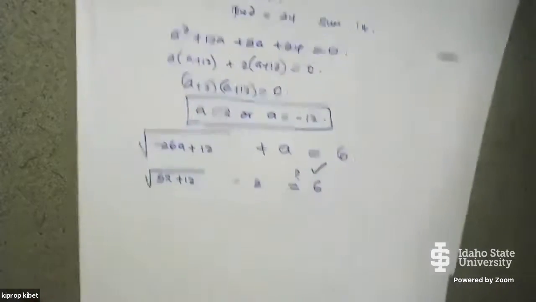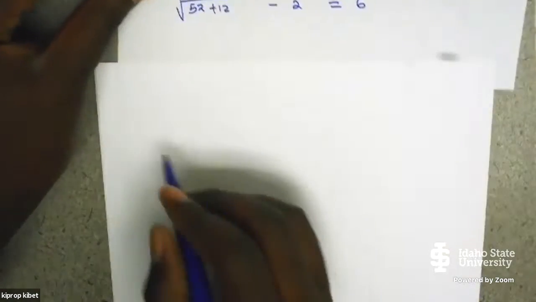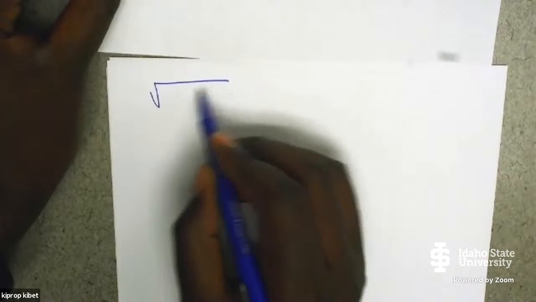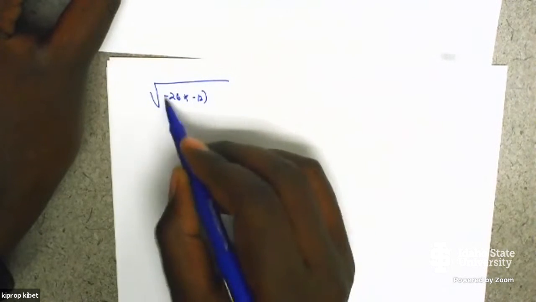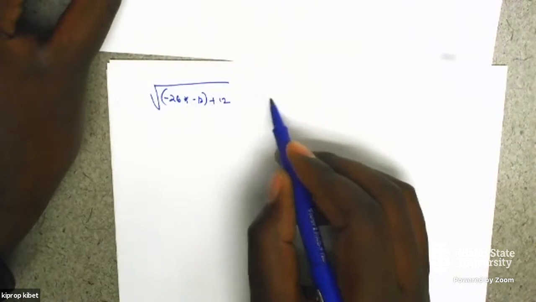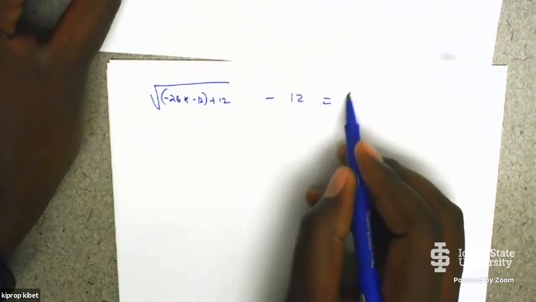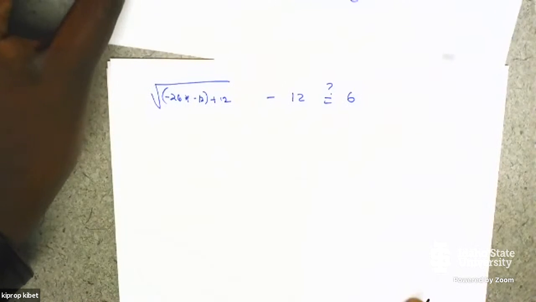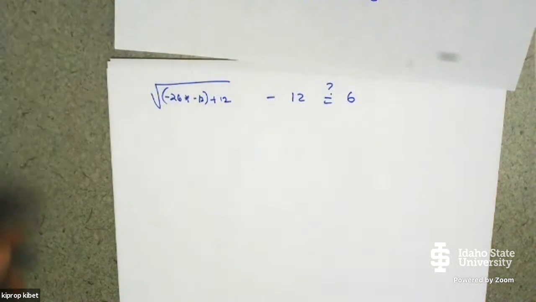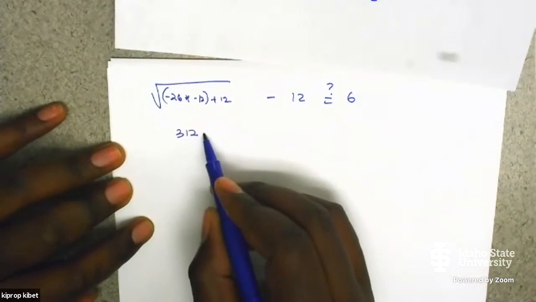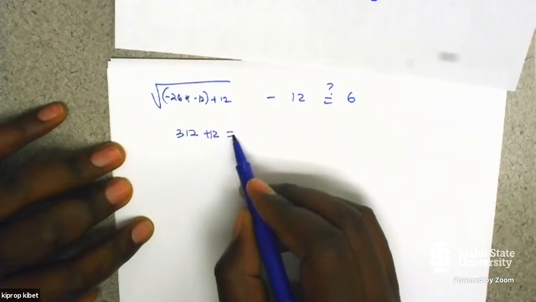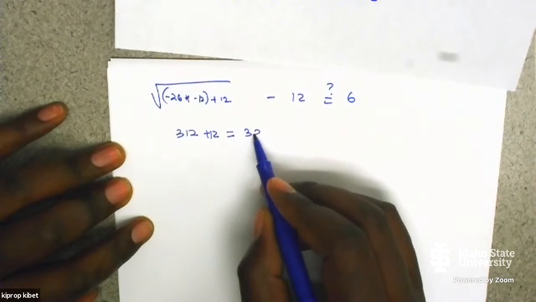What about minus 12? So if we put the minus 12, minus 26 multiplied by minus 12, plus 12, minus 12 there, is it giving us 6? So 26 multiplied by 12, what do you get? 312, plus 12 is giving us 324.